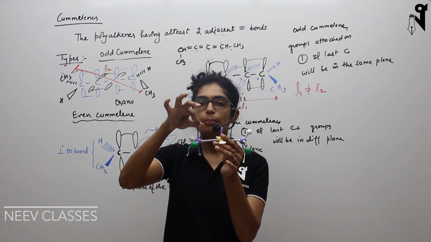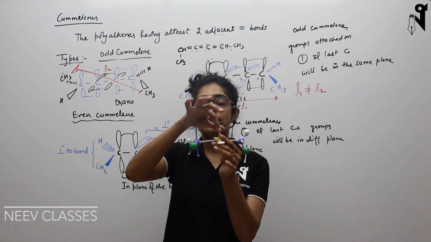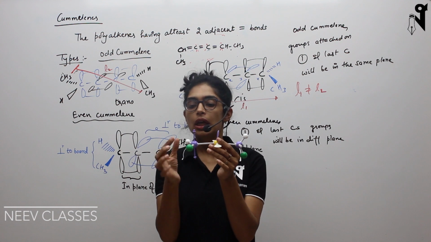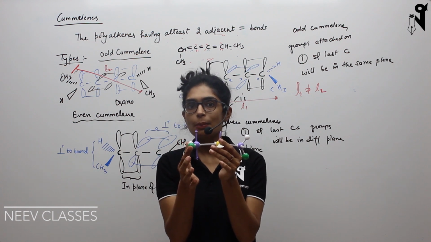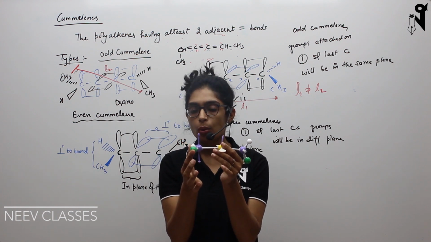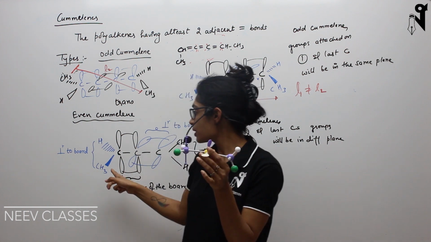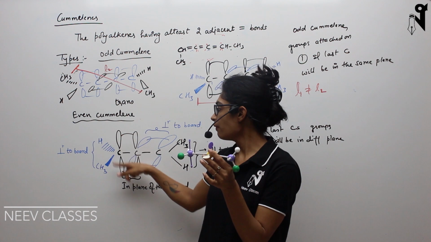This is a p orbital parallel to the board, and this is another p orbital parallel to the board. Both of them are forming a pi bond, correct. Now these sigma bonds are perpendicular to the plane of the board. So this is one CH3 and this is hydrogen, this is CH3 and this is hydrogen. This is what I have represented.